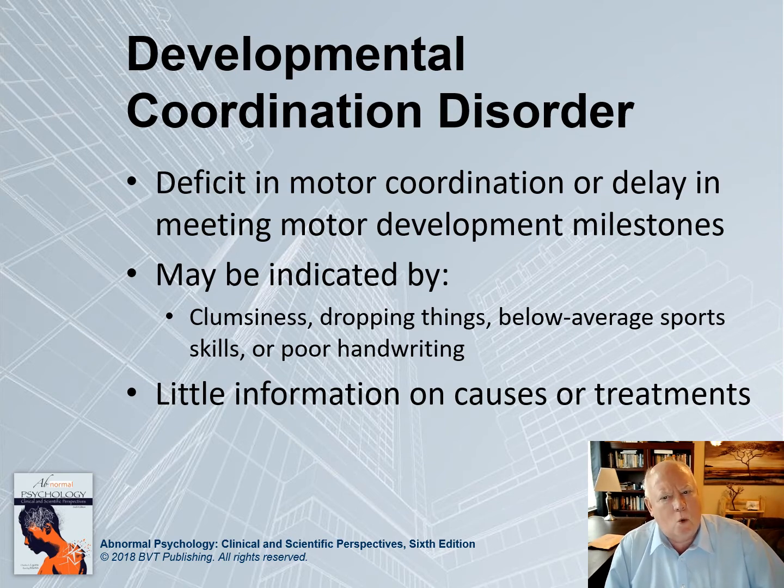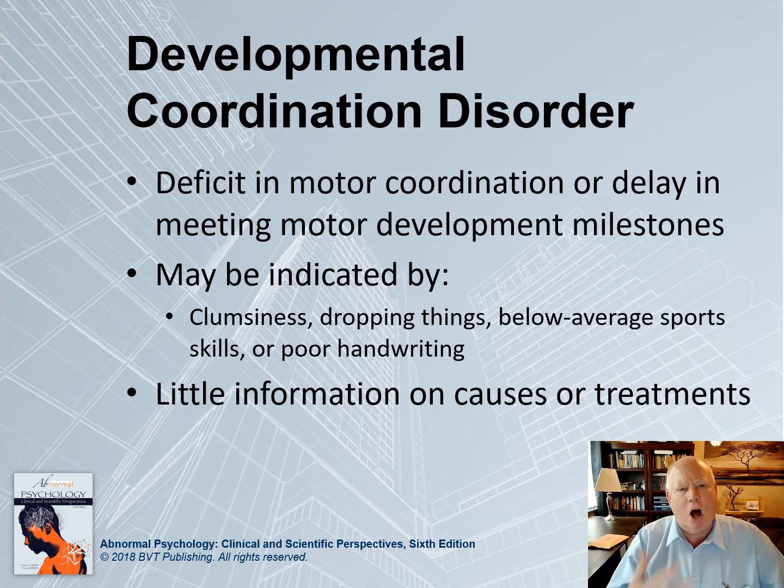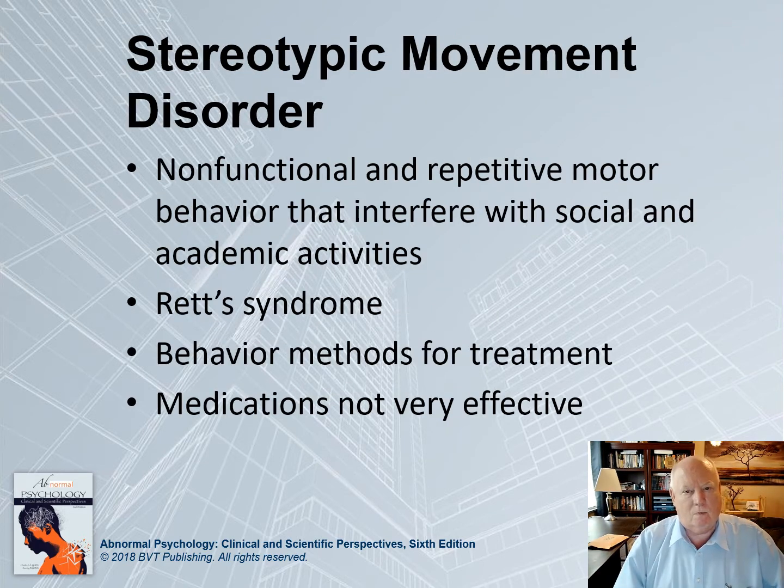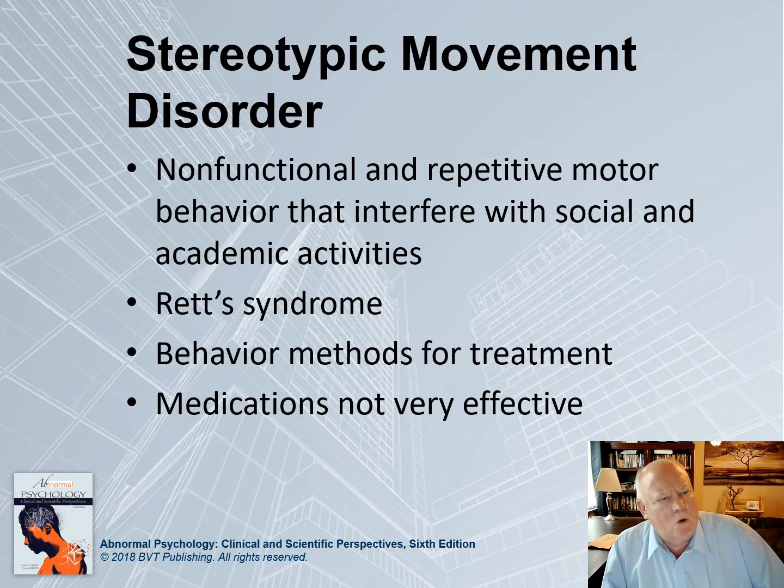Such developmental coordination disorders tend to be parts of these soft neurological syndromes where we have many symptoms present. Stereotypic movement disorders can occur as part of other neurological disorders, but occasionally they simply occur in individuals who don't show any other serious neurological signs.